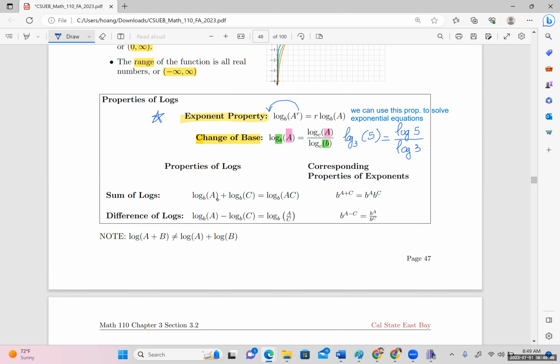So now you can open the calculator and just use log of 5 divided by log of 3 to get the answer. So this rule, this property, can help you to use the calculator, right?